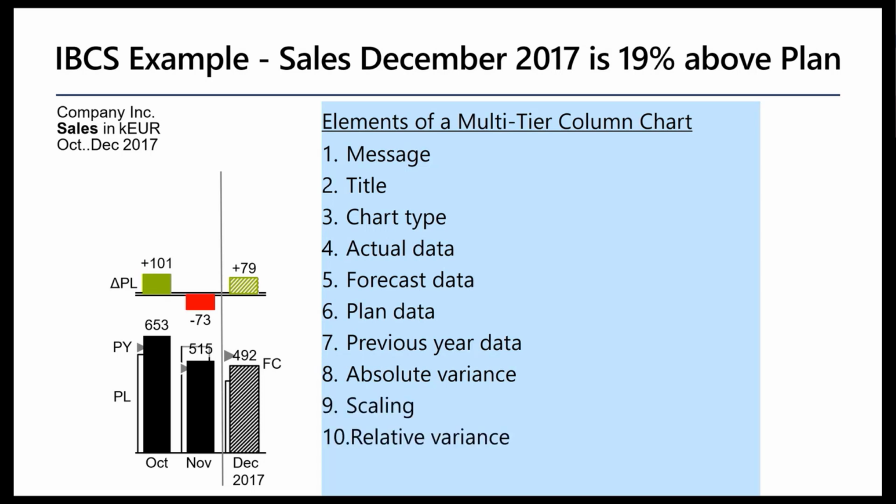And if you then have additional tiers on top, make sure the scaling also matches, and you can even increase the information density more with relative deviations. I have your plan, but you can even go further. You can even have the previous year as a multi-tier on top, or you can have the whole visual for each business unit. And that's how you increase the information density.